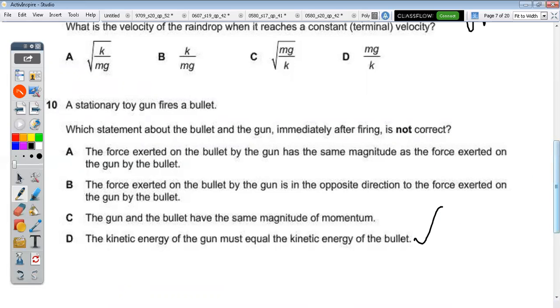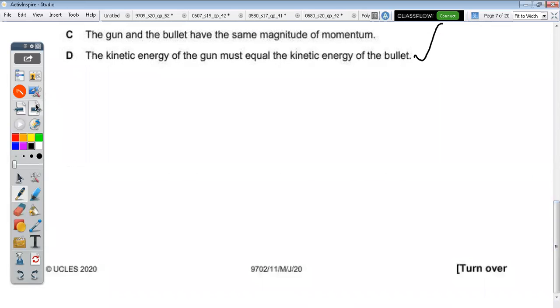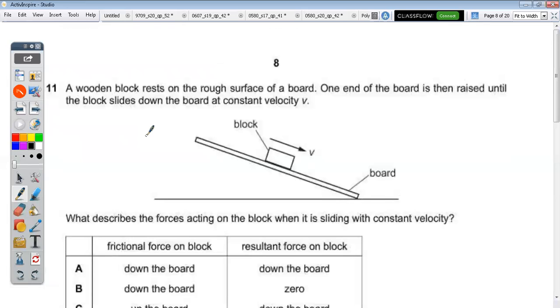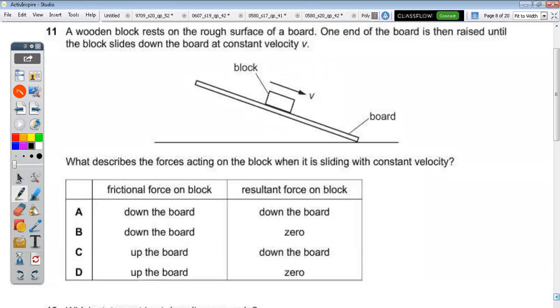What does this have to do with Isaac Newton's laws of motion? Number 11, application. Which describes the force acting on the block when it is sliding at a constant velocity?